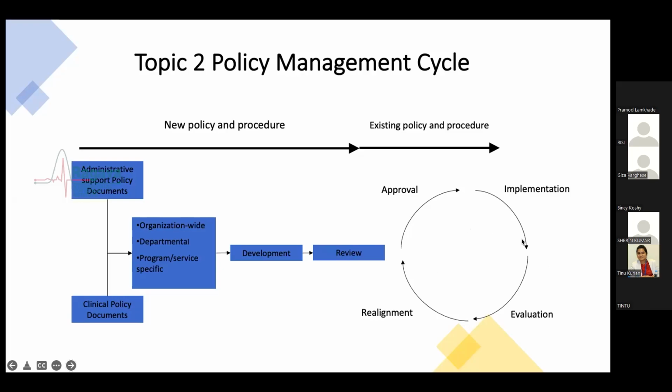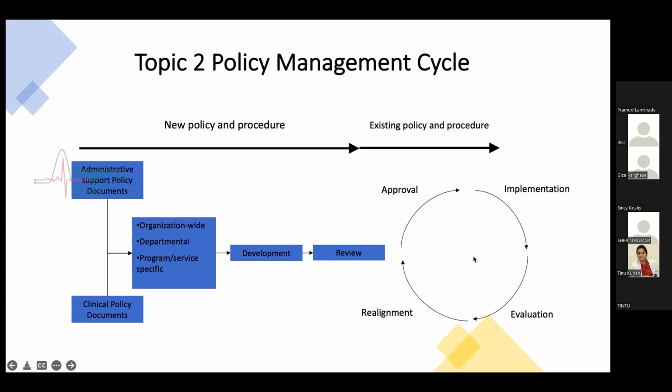So this can also be considered a quality improvement activity. This is how policies play an important role in the improvement of quality of service. This is applicable for existing as well as new policies.